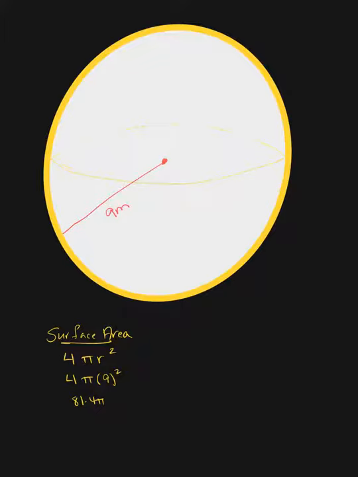Again, the most accurate answer is 324 pi. But in the directions in your book, they've asked us to the nearest tenth. So we're going to comply with their request. We get about 1,017.9. And again, this is surface area, so this is square meters.